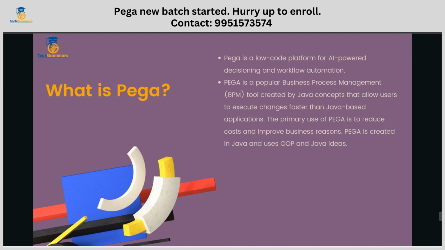At present you might not have any idea about methods, but in the coming days you will get a great idea on how we can extract the code and how we can utilize it. This is the intro of Pega, what Pega is.